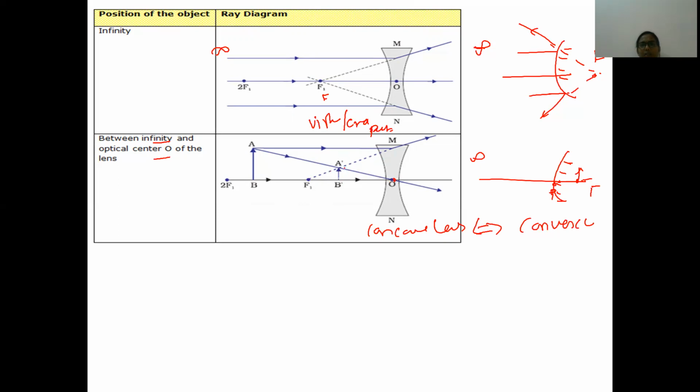The rays appear to meet, so it is not really meeting. So you get a virtual, erect, smaller image, or you can write diminished size. Okay children, this is about the ray diagrams of concave and convex lenses.